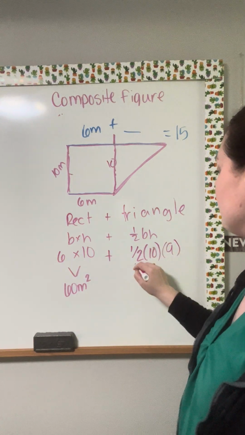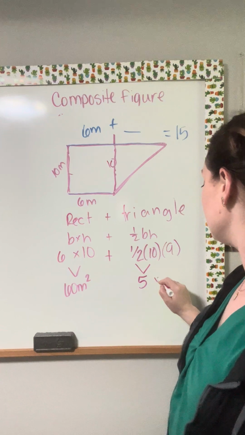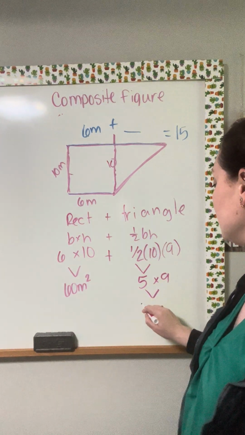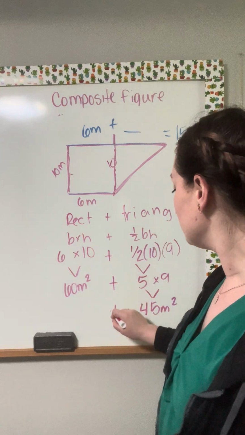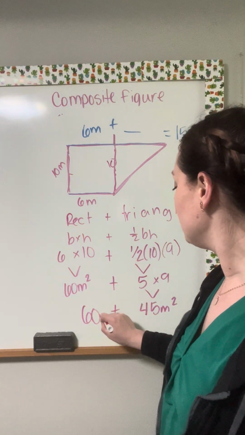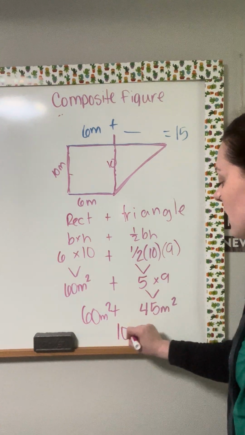All right, and half of 10 is 5. And 5 times 9 is 45. So I'm left with 60 plus 45, which is 105.